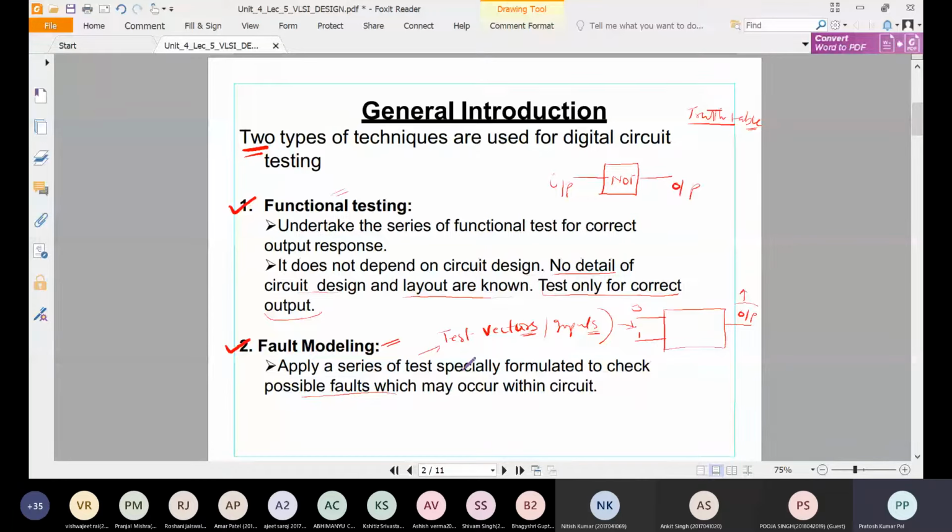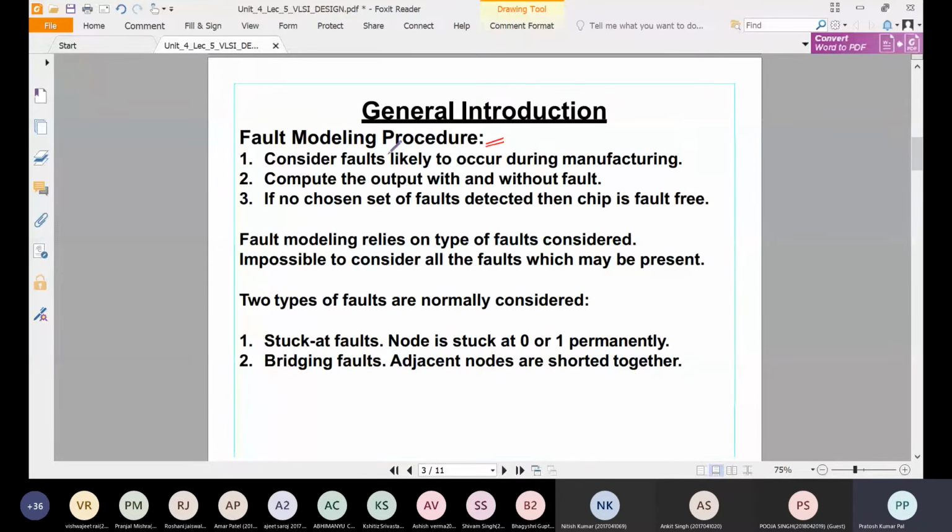So there are different processes to find out the faults. Faults could occur at the time of manufacturing also. That could be a physical fault while depositing different layers or whatever methods we are using.